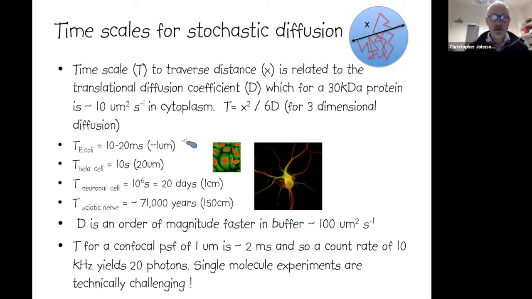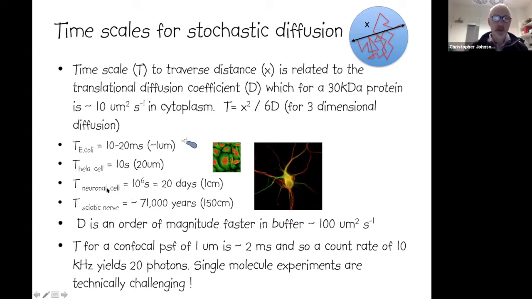So why that's interesting is that if we start to think about diffusional times over different length scales, for example, an E. coli, which is a micron or so, it will take 10 to 20 milliseconds for that 30 kilodalton protein to diffuse from one end to the other by a random process. If we start thinking about bigger cells, it might take 10 seconds.